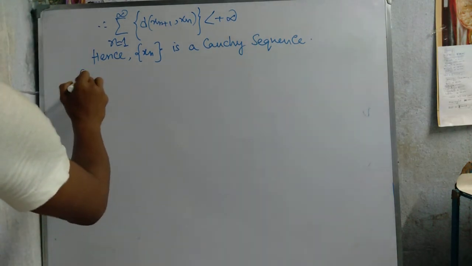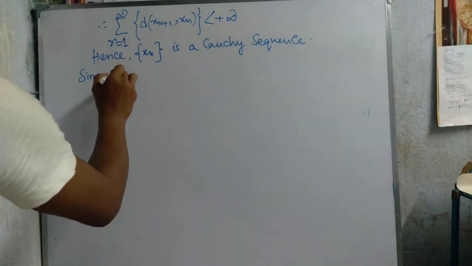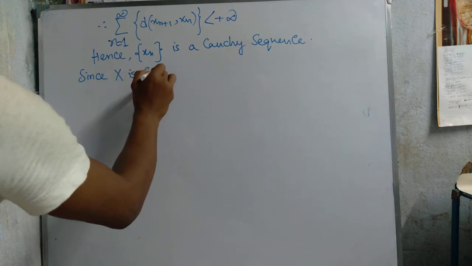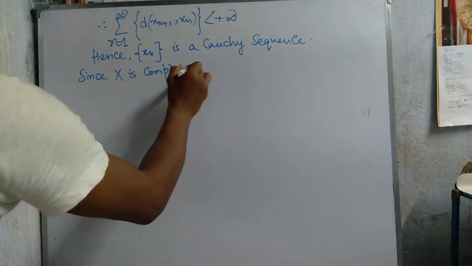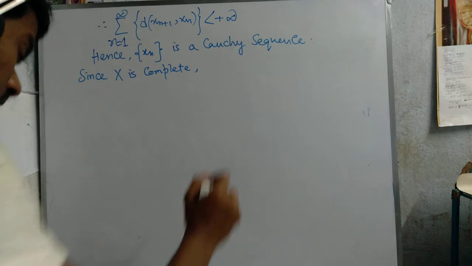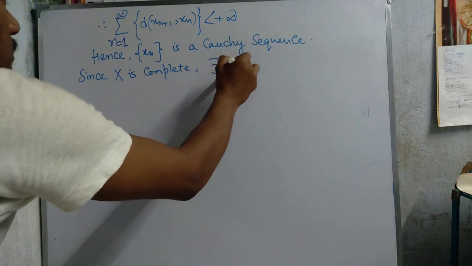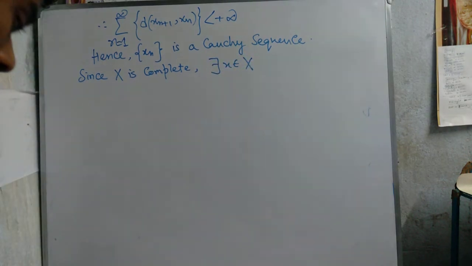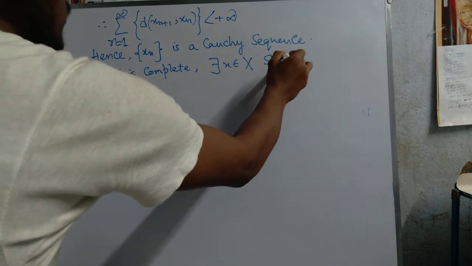Since X is complete, there exists x belonging to X such that x_n converges to x.